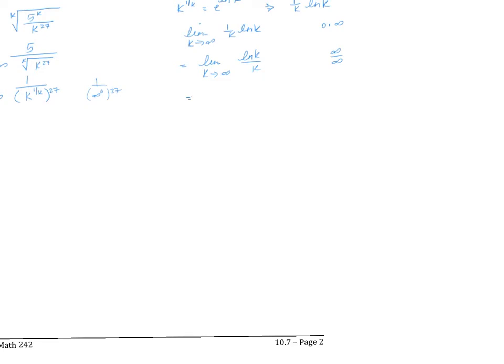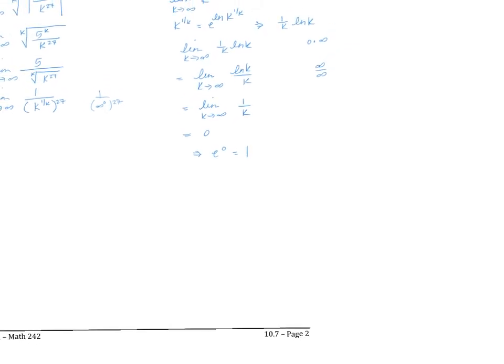So that's 1 over k. The derivative of the denominator is just 1. So this becomes the limit as k goes to infinity of 1 over k. And that's 0. But remember, that's the exponent on e, which is equal to 1.